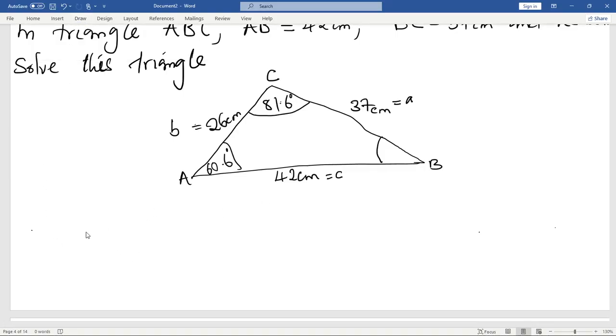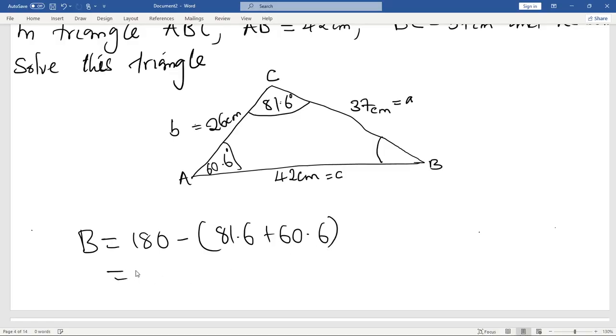Okay, so the value of B here will simply be equal to 180 degrees minus 81.6 plus 60.6 like this here. So if we add 81.6 plus 60.6 here, we're getting 142.2.